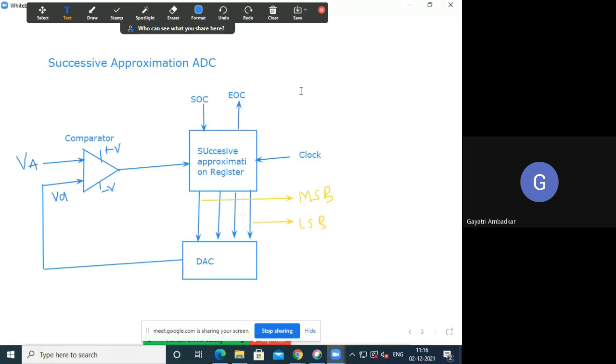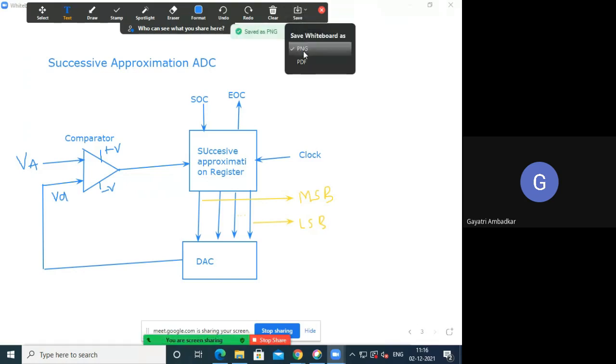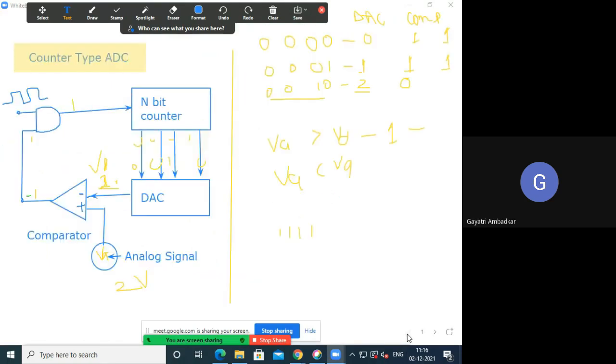In the previous converter, this circuit was simple. It is simple as compared to the flash type ADC, right? There is one n-bit counter, DAC, comparator and an AND gate.